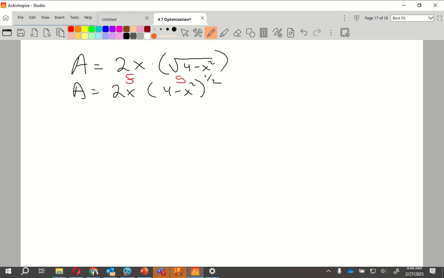My f prime is 2. G prime, okay, it's going to be a chain on this one, so it's going to be 1/2 times 4 minus x squared to the negative 1/2 times the derivative of the inside. The derivative of the inside is going to be negative 2x.